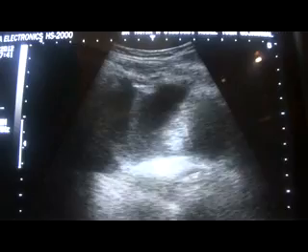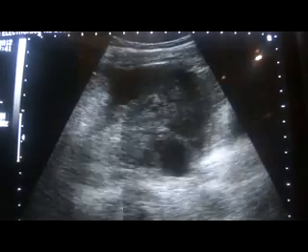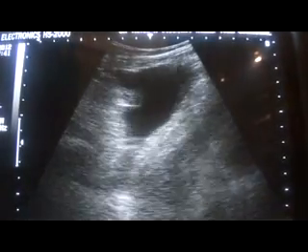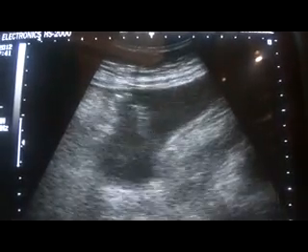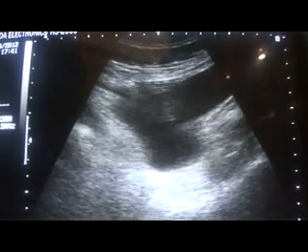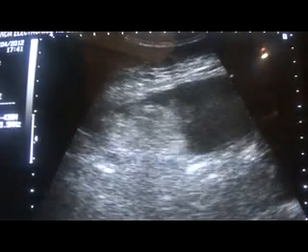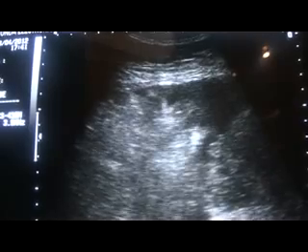The measurement of the uterus in this dimension is 7.5, which is significantly more than the expected norm for this age of the patient. Now this is longitudinal, this is transverse, and I am going to turn the probe, keeping the fibroid in the center of the image, to get the longitudinal view.